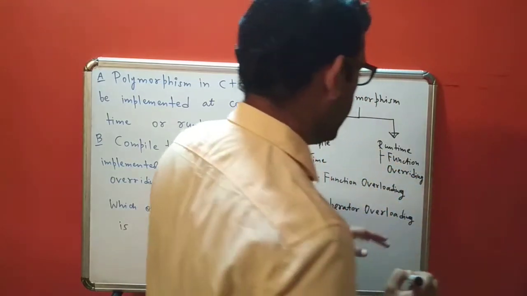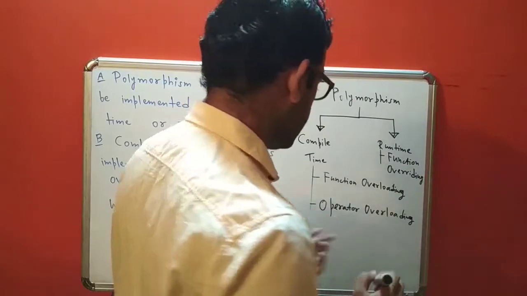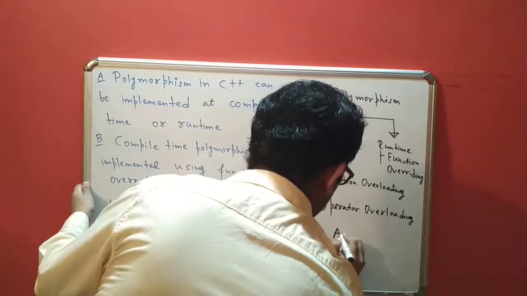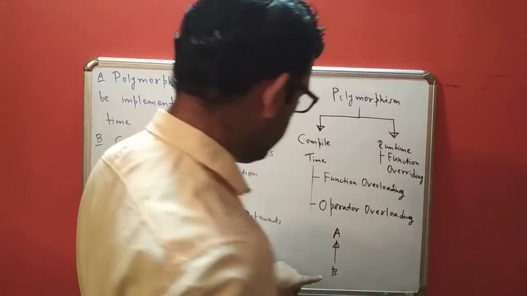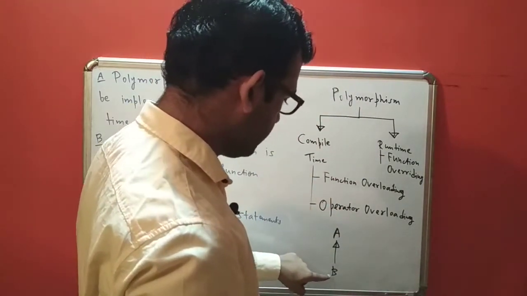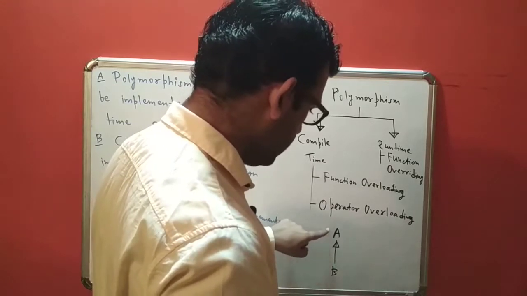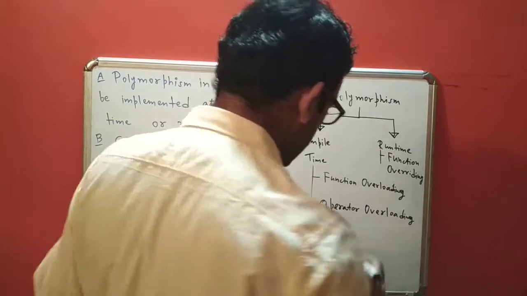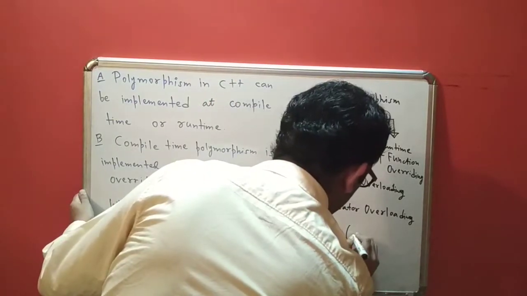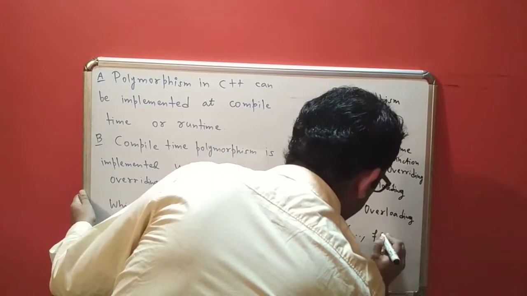In function overriding, what happens is we have a base class. Let's say we have a base class A, and from that we have derived class B to have properties of class A. Now let's say class A, among other things, has an implementation of a method by the name of F1.